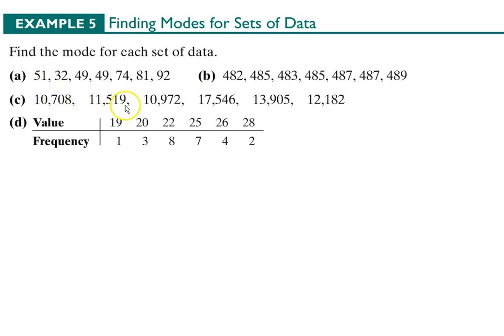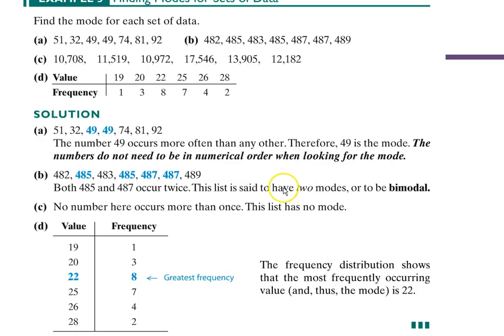And as we look at this one, there isn't any. This is non-modal. And for letter D, we just look at the greatest frequency, 8, but the value is 22. So keep that in mind. Frequency, the one most repeated is in frequency of 8, but that value is 22.